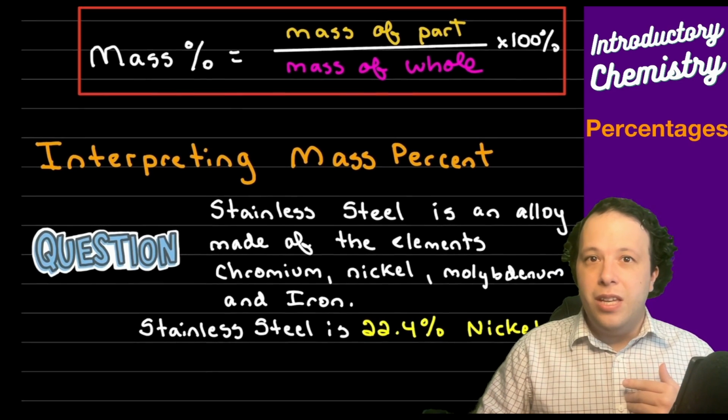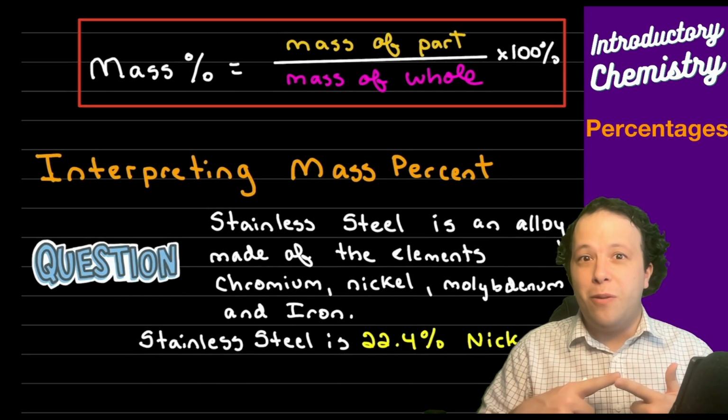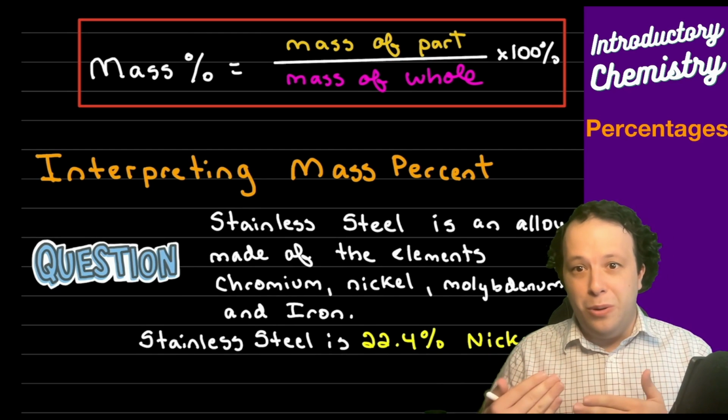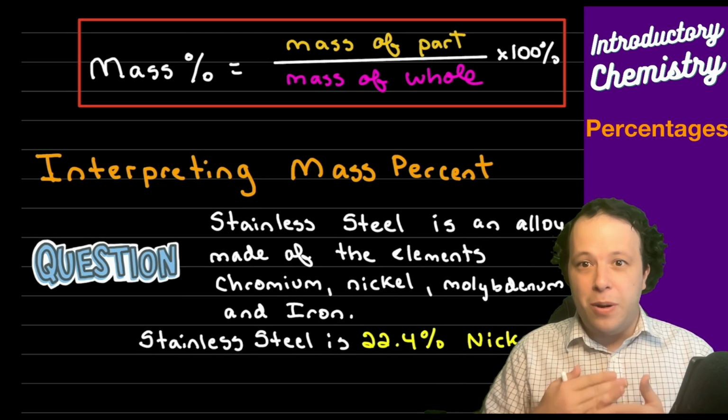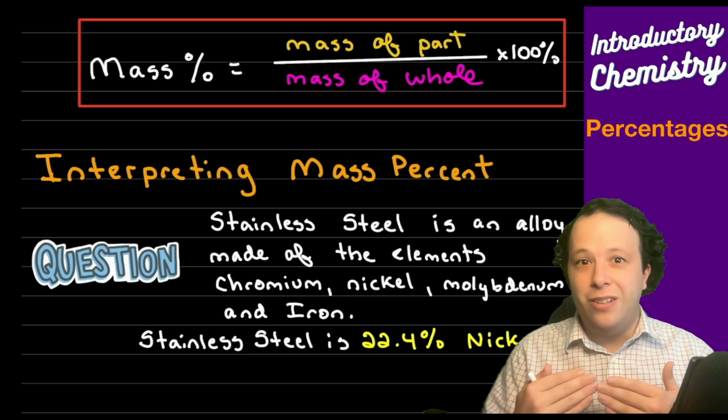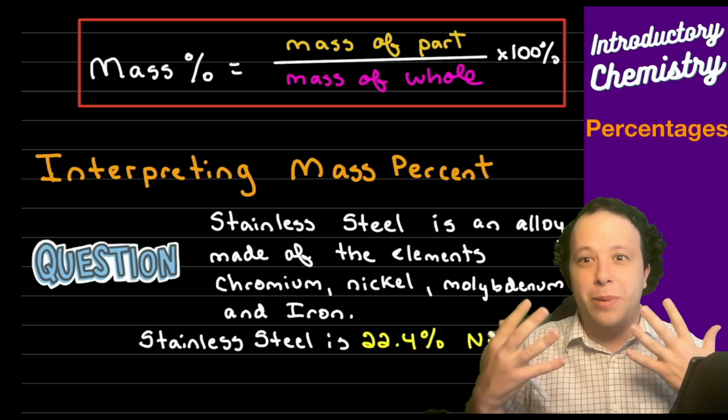In this case, we're given a percentage. So if we go from percentage to decimal, it means that it's part over the whole. Now, if you also remember percent, we have a bunch of little things swirling around in our brain.